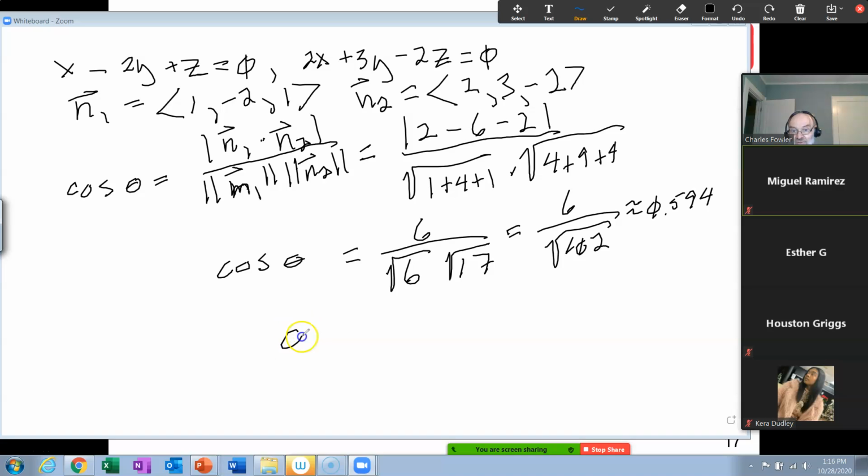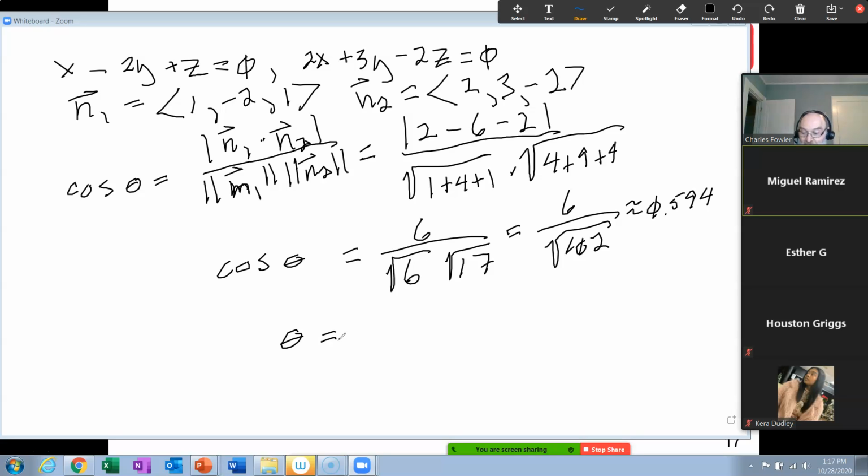Okay, so how do you get the angle in between? You take the inverse cosine of 0.594. I don't know if y'all are using telephones or actual calculators, but with a telephone you go to the second module, and that gives you inverse cosine next to the last row. Now I need to be in radian mode.